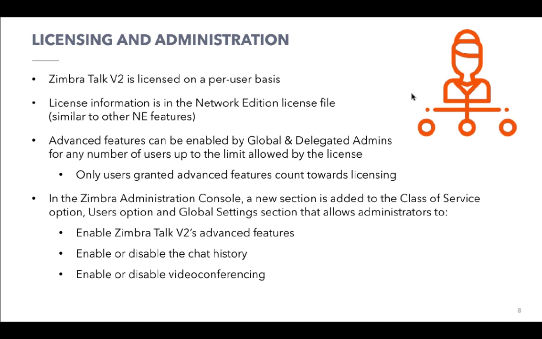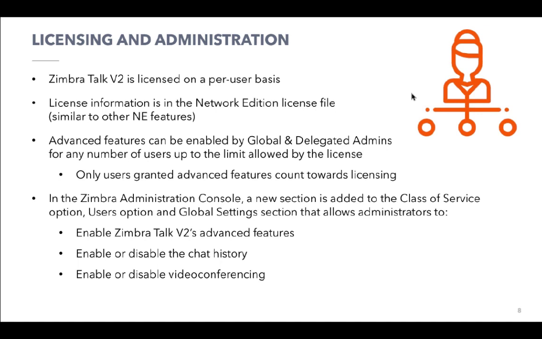Zimbra Talk version 2, as we said, has basic features and advanced features. Basic features are available out of the box. You don't need any licensing for that. But for people who want advanced features like video conferencing, file sharing and all of that, you need the advanced features licenses.